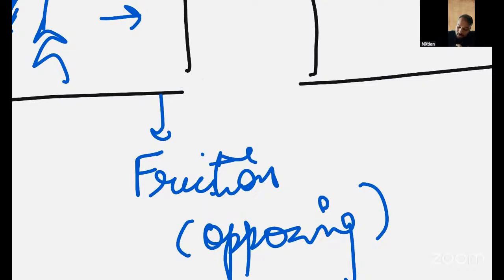It looks like this. Everything that you see, at the microscopic level, is like this.